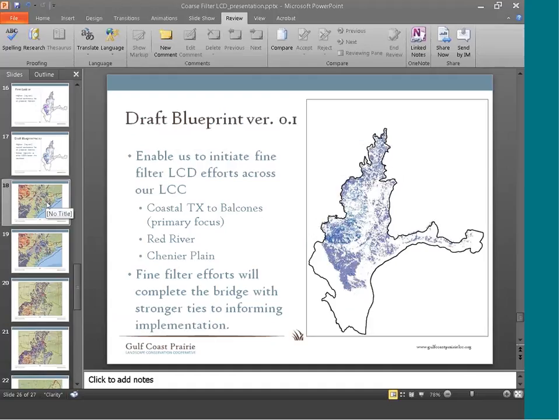Yeah, so good question, Matt. Essentially, this being a straw man right now, we're looking at getting review and feedback from the steering committee, you all, and making any revisions as needed if we need to incorporate any of those conservation opportunity areas in some way. We certainly have that at our disposal.